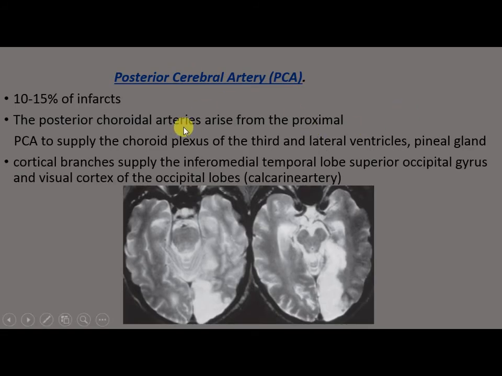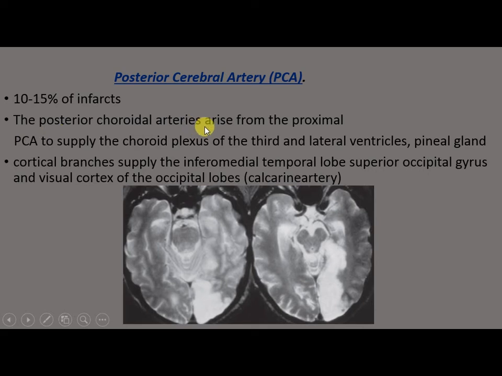Posterior cerebral artery. It comprises 10 to 15% of infarcts.